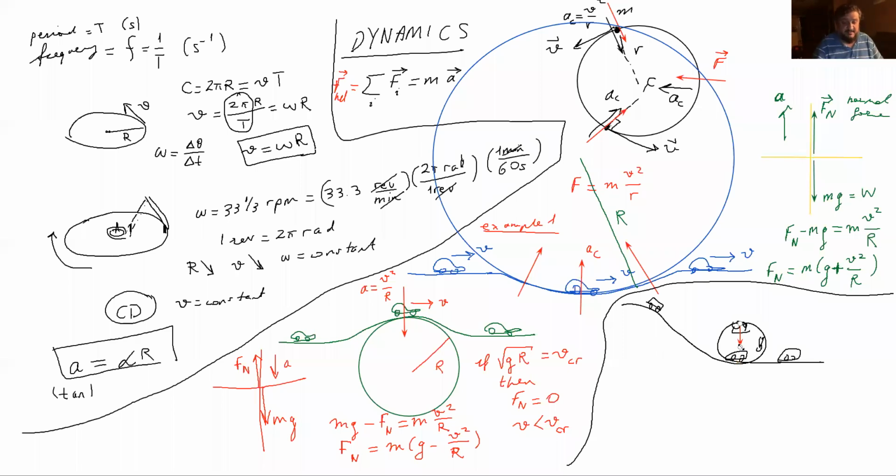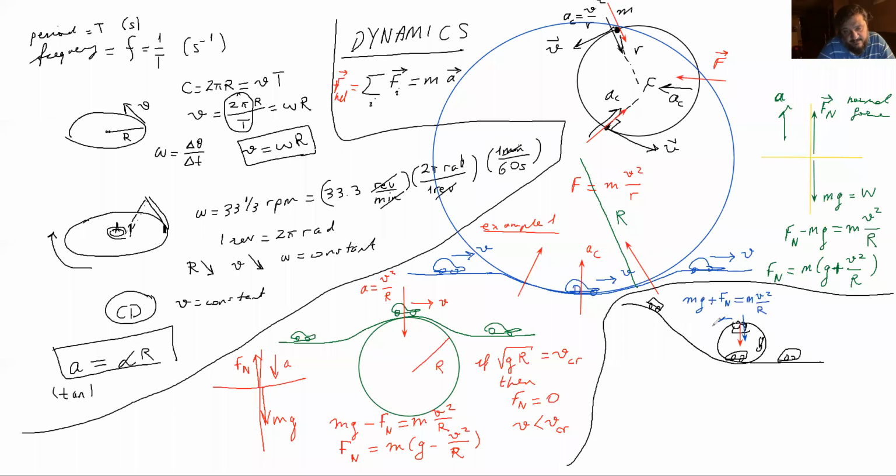But its weight is also downward. Let's use a different color to show weight. This is weight, the one in blue. So both weight and the normal force are pointing in the same direction. If I use Newton's second law again, the weight mg plus normal force, this is my net force, which is equal to mass times v squared over r.